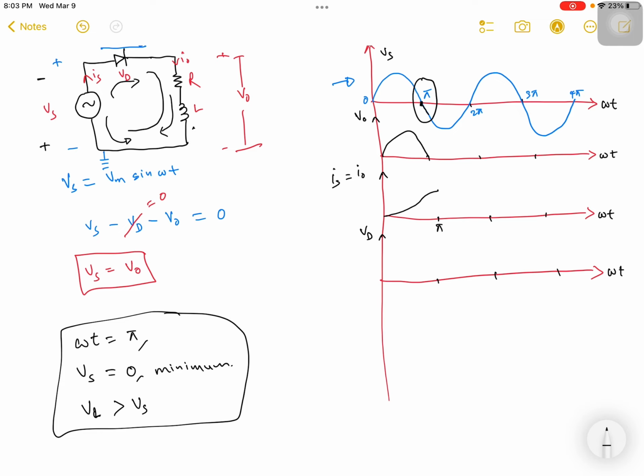So during that time the resultant of the current driven from the input source and the current driven from the inductor will be flowing through. So we will have something like this. Somewhere, let's say at the angle beta, your current is going to become 0.